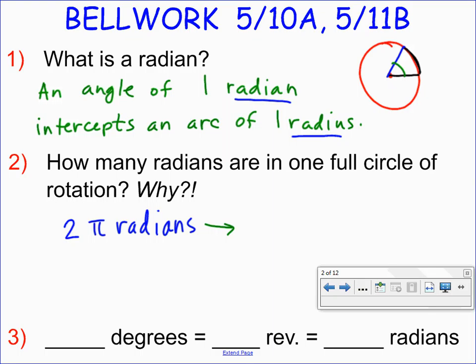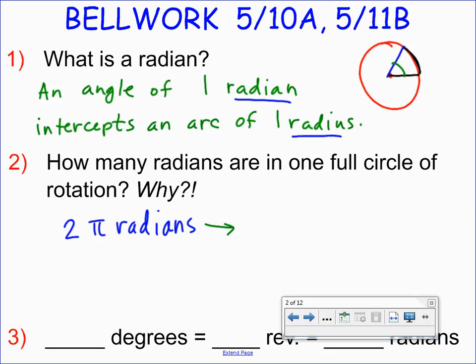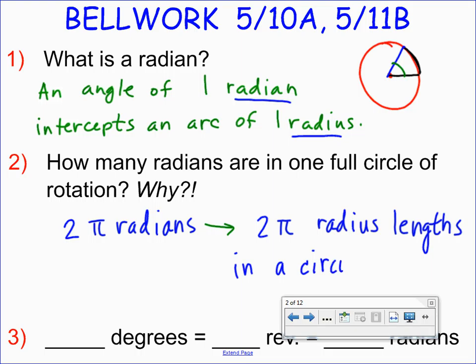There are 2 pi radius lengths in 1 full circumference, and that's why there's 2 pi radians in 1 full rotation of a circle.